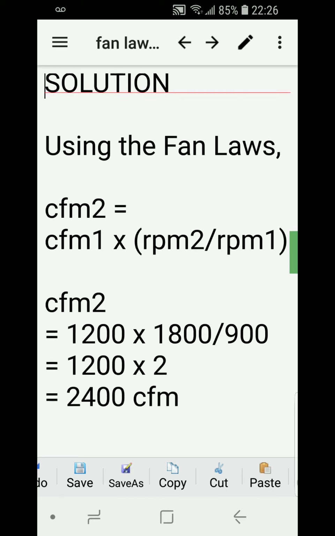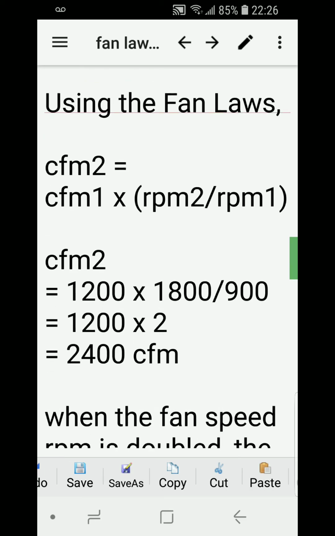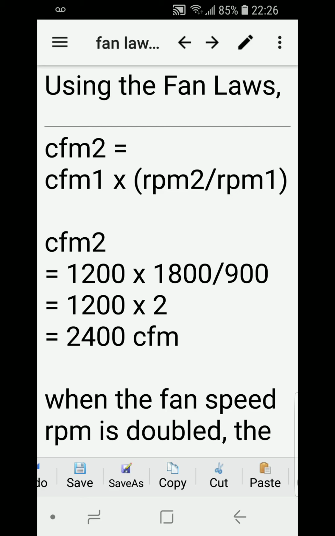So in this example, CFM2 is equal to CFM1 times RPM2 divided by RPM1, so the ratio of the two RPMs. CFM2 is equal to 1200 times 1800 divided by 900.